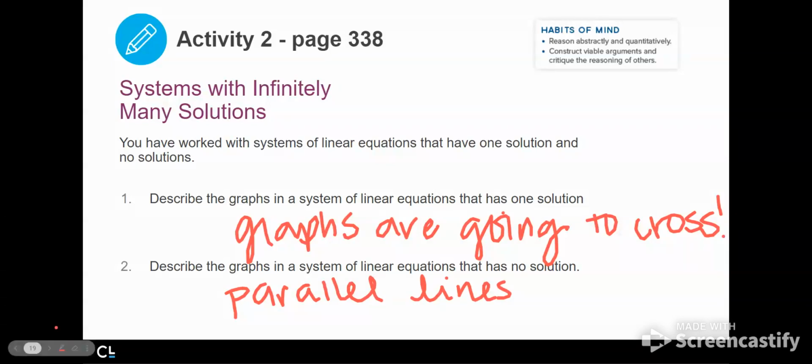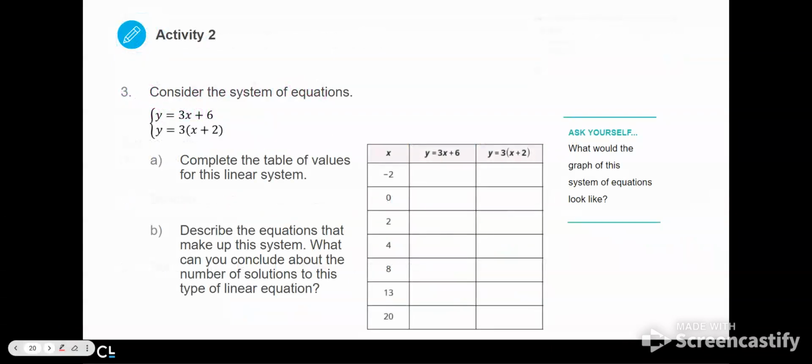All right. So if we consider this system of equations, we're going to complete the table of values. So basically, I'm going to take each of these numbers and plug it in for x in here. So if I do 3 times negative 2, that would give me negative 6 plus 6, which is 0.